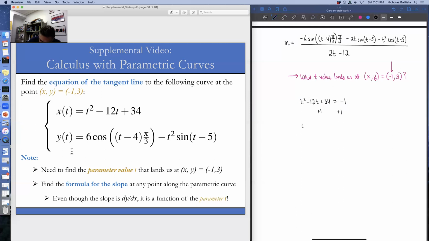When we do that, we get t squared minus 12t plus 35 is equal to 0. And now we have a quadratic equal to 0, and we can either use the quadratic formula or we can try factoring. If we try factoring, we ask ourselves, what factors of 35 are there?